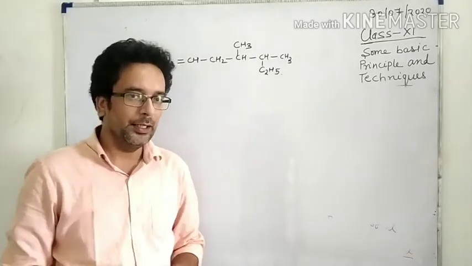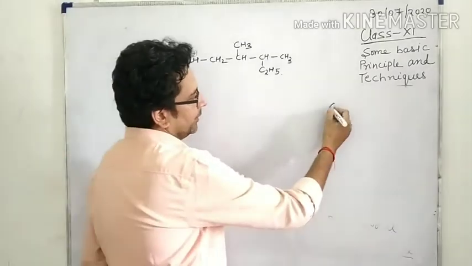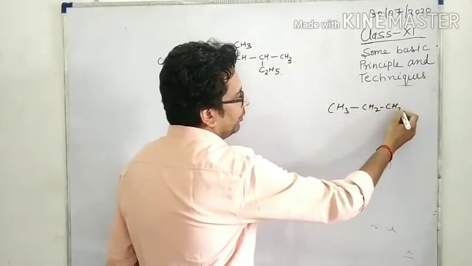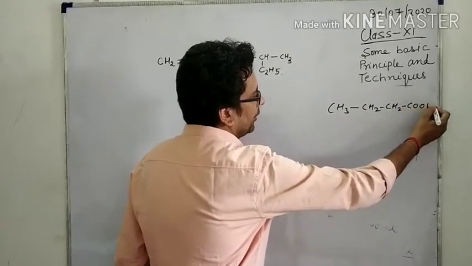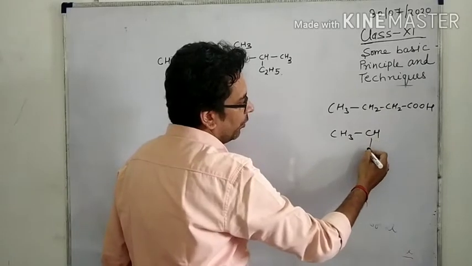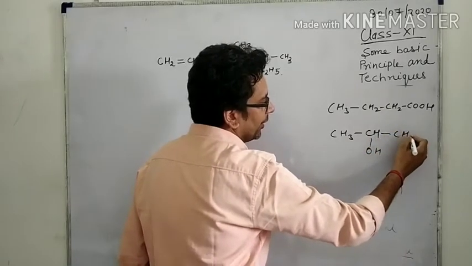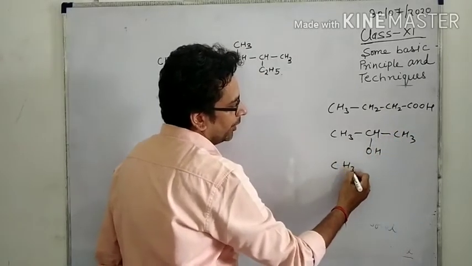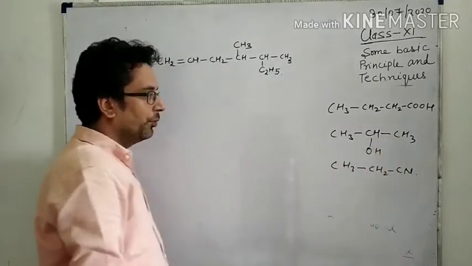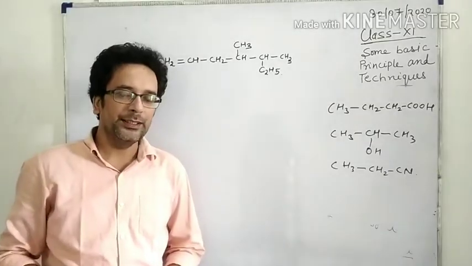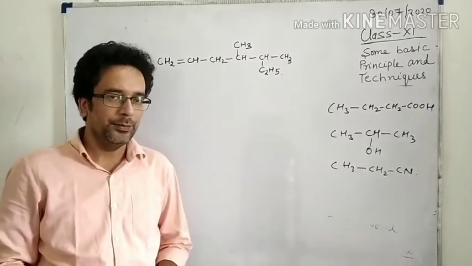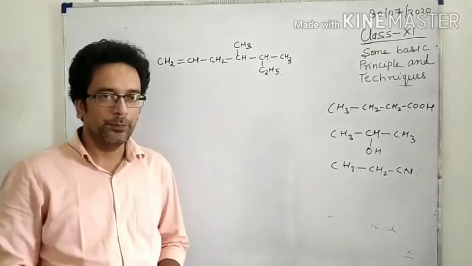Now next, we are going to discuss how to write the name of an organic compound having one functional group. Okay, for example, look here, CH3 CH2 CH2 COOH, CH3 CHOH CH3, CH3 CH2 CN. So when one functional group is present in the organic compound, how do we write the name of that compound?